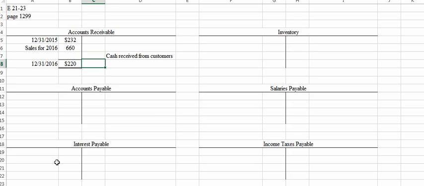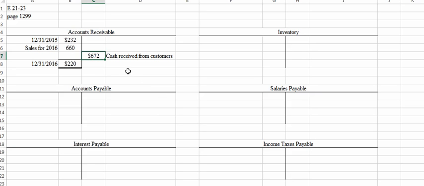The credit would be subtracted to come to this debit balance. So I'm going to say, and then we can check these after we put the number in, but 232 plus 660 minus the 220 was 672 million. It would be cash received from customers.